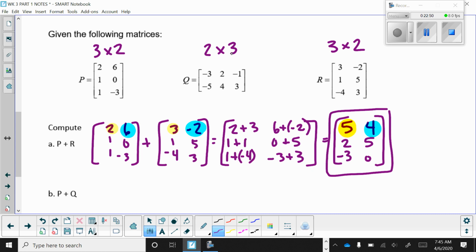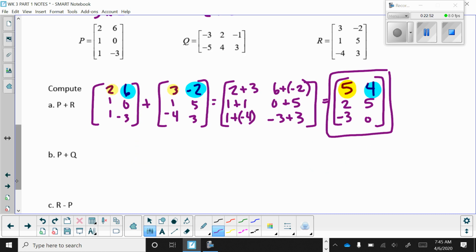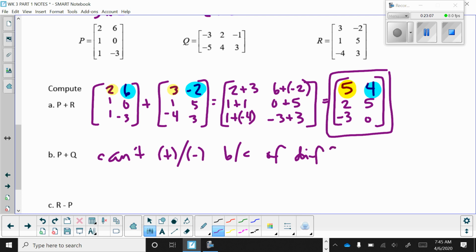So we cannot add or subtract these because of different sizes. Because they wouldn't have corresponding positions.